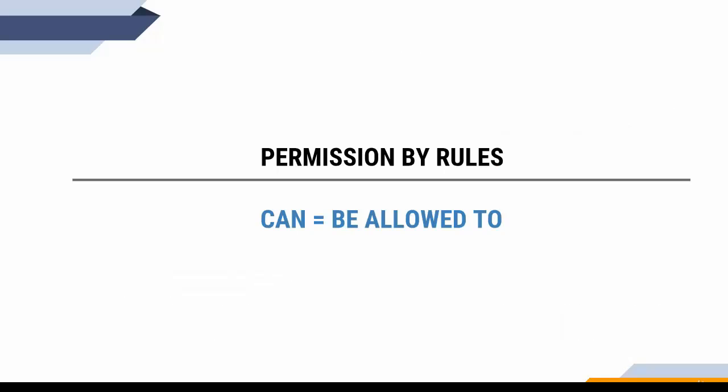Remember this: can or be allowed to do something. These are the two forms that you can use when you need permission by some written or spoken rules. In the past, can becomes could, and be allowed to becomes was or were allowed to.